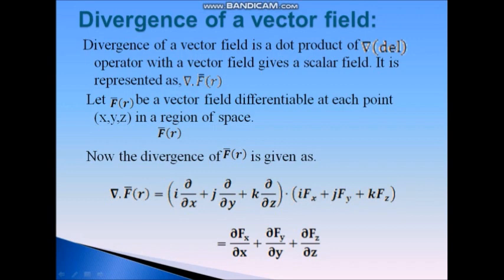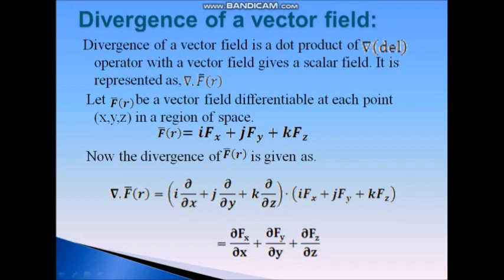This is del, i dou by dou x plus j dou by dou y plus k dou by dou z. This indicates the del operation dot F bar of r. F bar is i F of x plus j F of y plus k F of z. Now del dot F of r is equal to dou F of x by dou x plus dou F of y by dou y plus dou F of z by dou z.